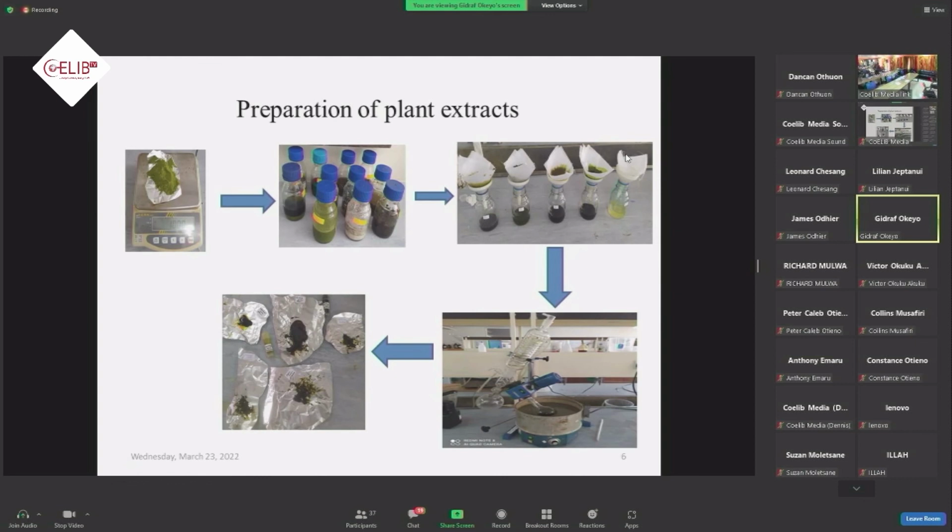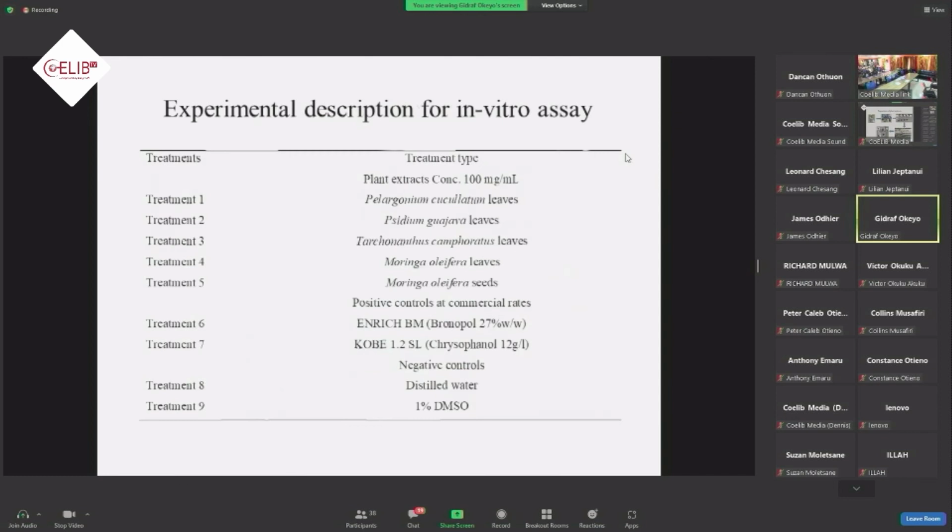We used acetone, a non-polar solvent, and ethanol as a polar solvent. We dissolved them for 48 hours with regular shaking. Then we filtered and centrifuged, concentrated the filtrate, air dried the paste overnight, and weighed and recorded the weight of the extracts.